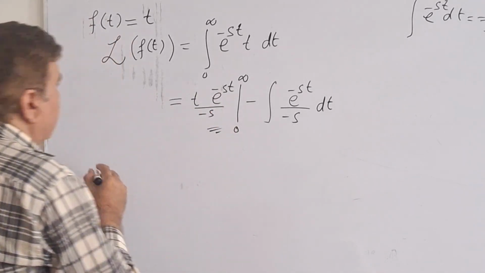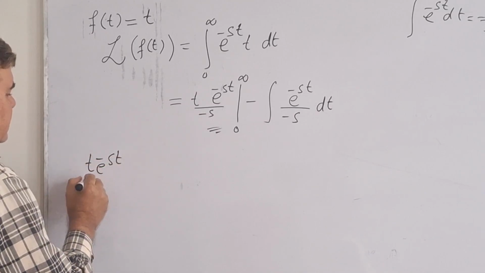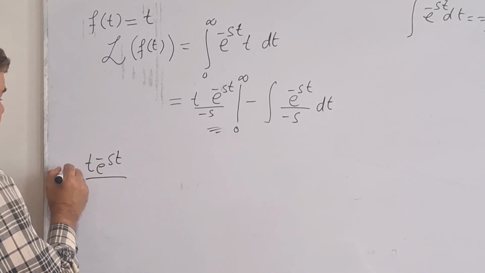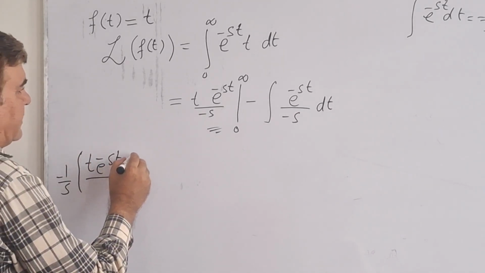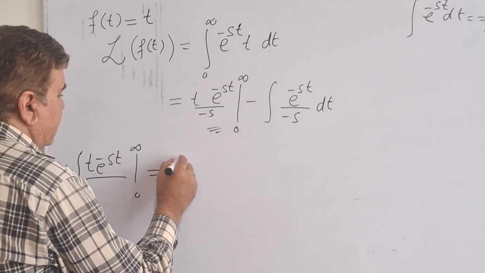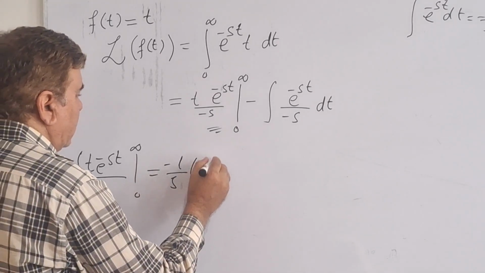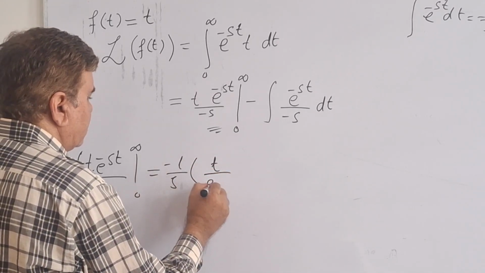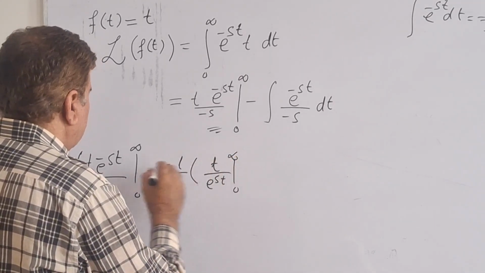Okay, now let us look into this thing, what this gives. Let me write this over here, t times e to the minus st divided by minus s. I can write this from 0 to infinity as minus 1 over s into t divided by e to the st from 0 to infinity.